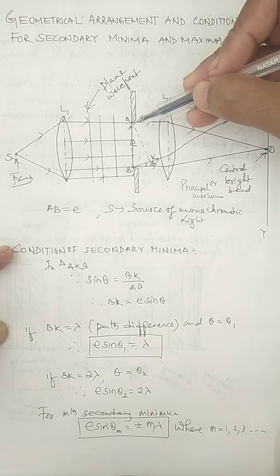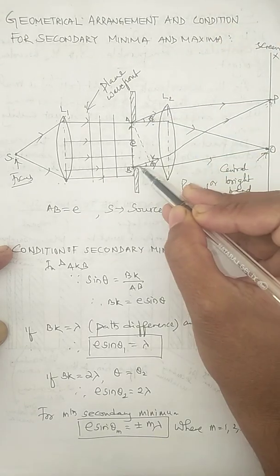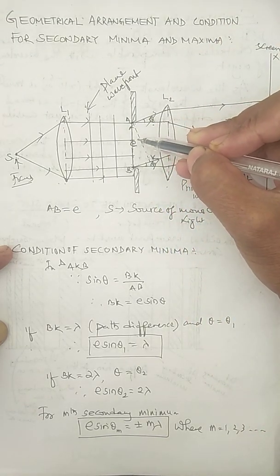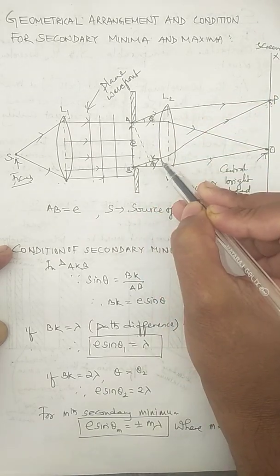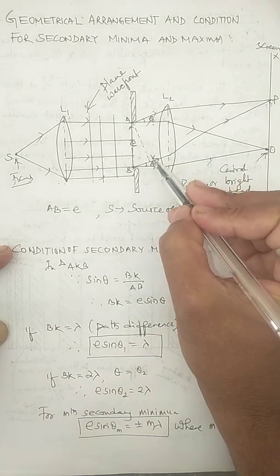From A we have drawn a dotted line, the perpendicular line drawn on the diffracted ray, and this line meets at K.